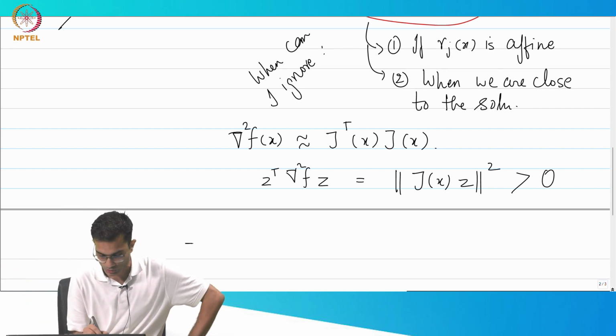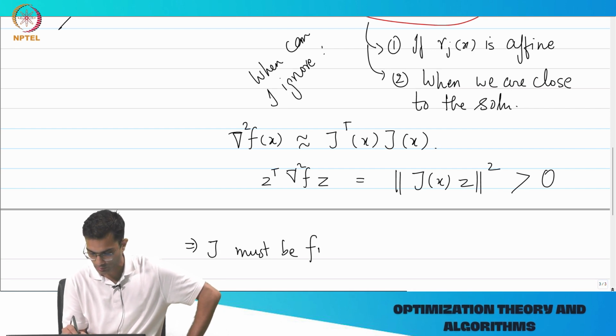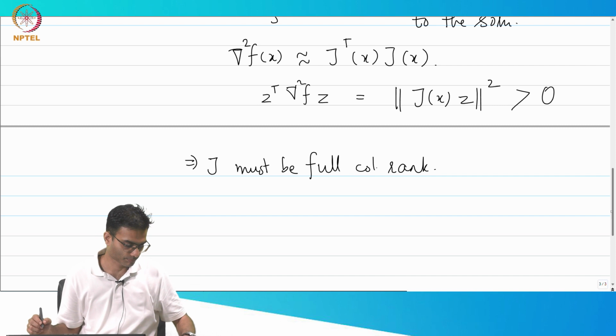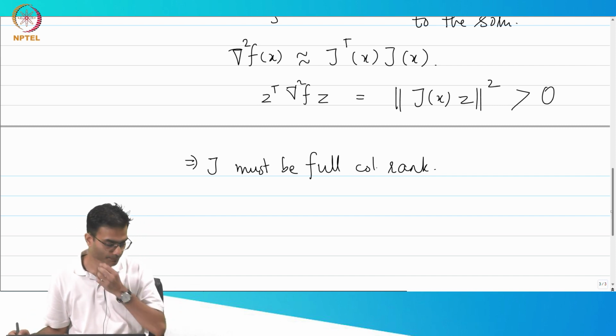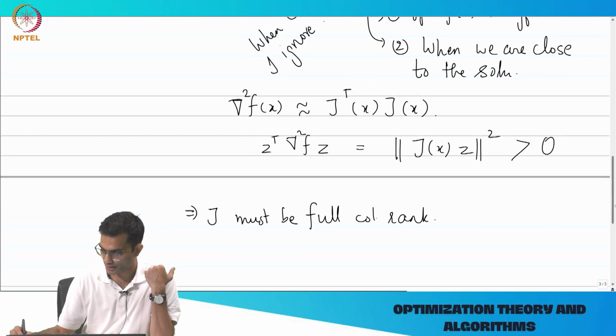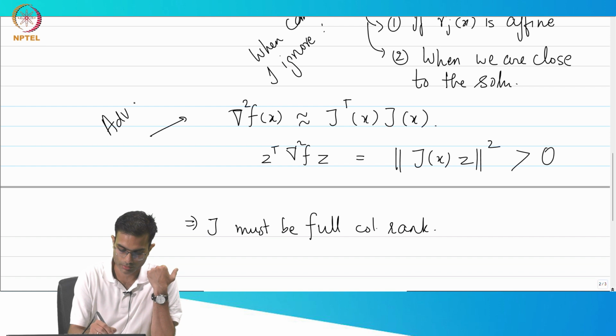So this implies that J must be full column rank, and this is an easy enough condition to check. So that is one of the advantages of this approximation.